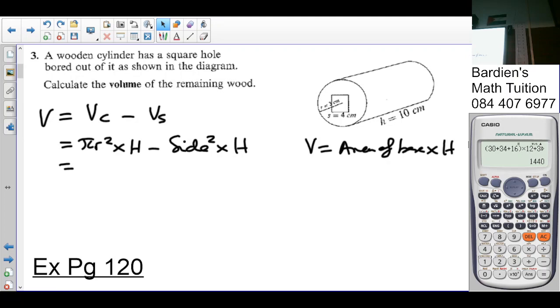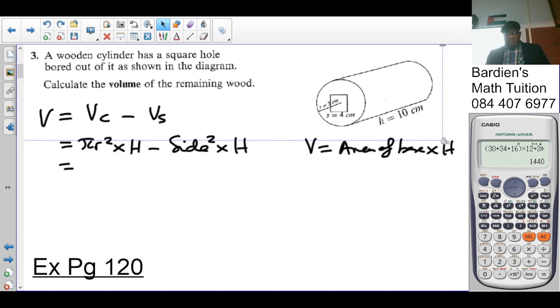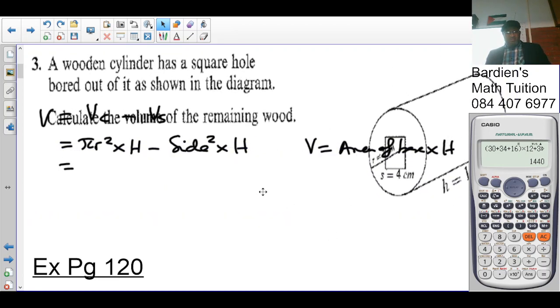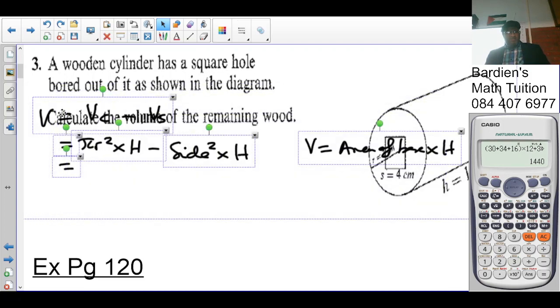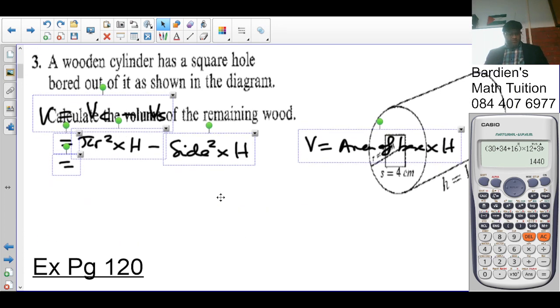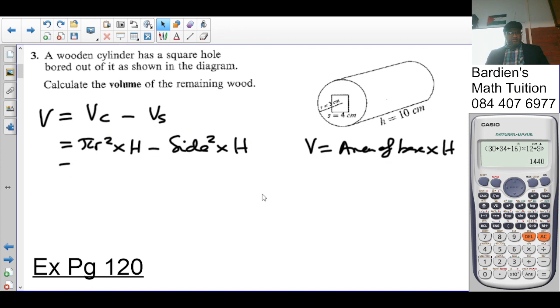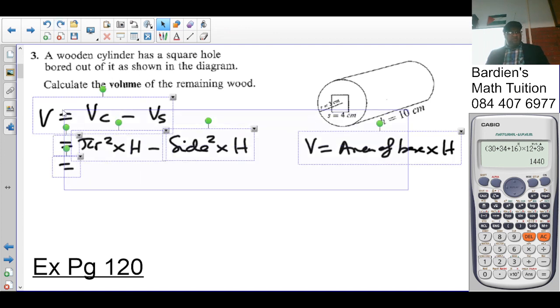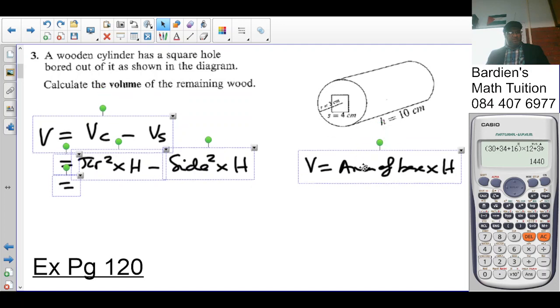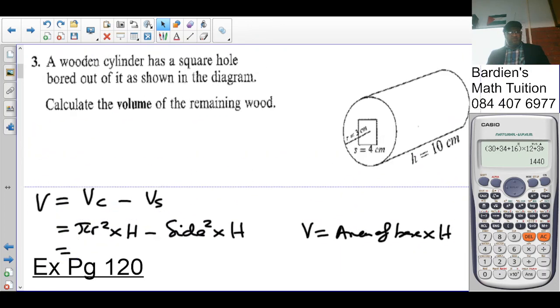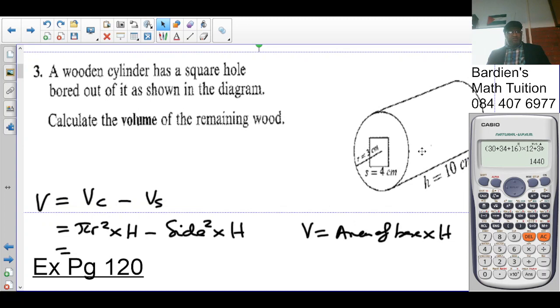Zoom in. Better? Sorry? Okay, wait, let me just do this. Okay, can you all see now?